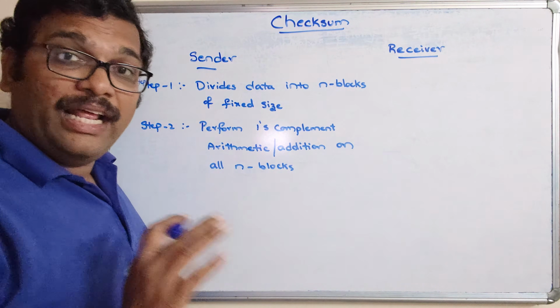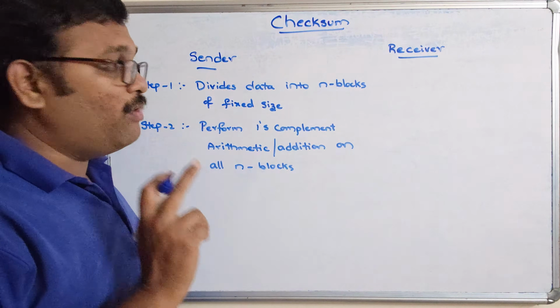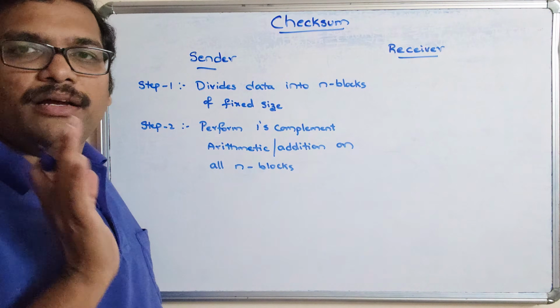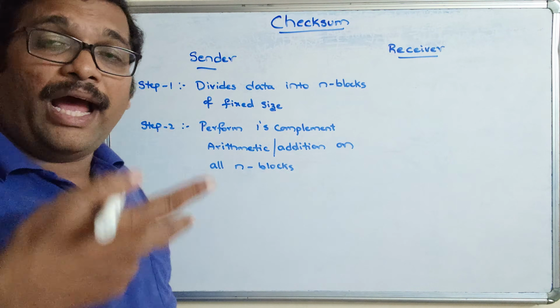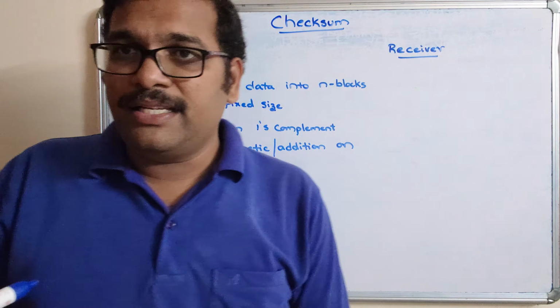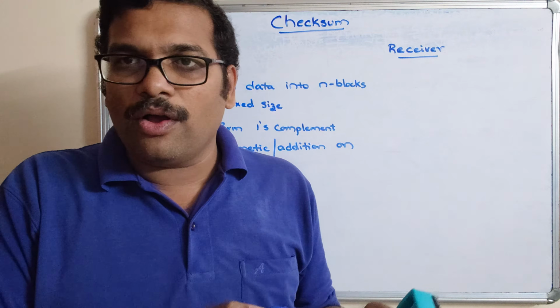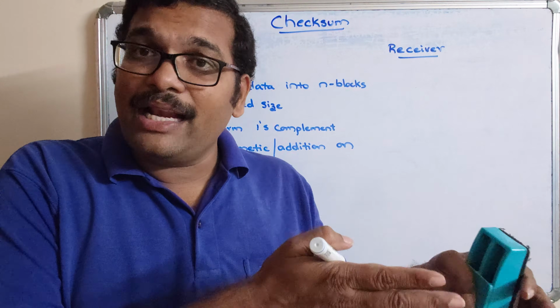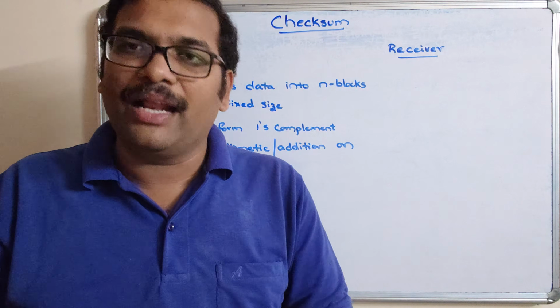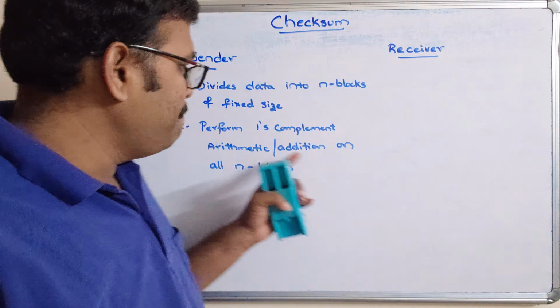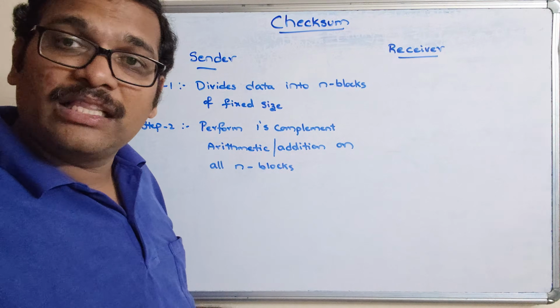This is not a binary addition, but a ones complement arithmetic addition. That means if you add two bits and you get a carry, that carry should be added again to the LSB of that particular result. That is called ones complement arithmetic.